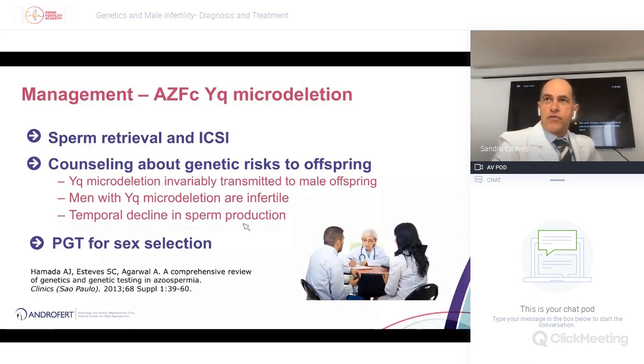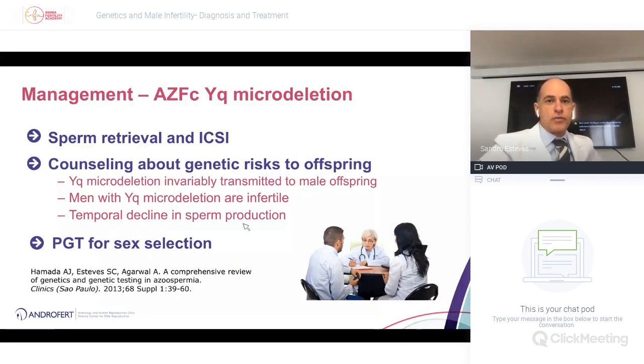If you find a patient like that, and you discover the AZFc Y chromosome microdeletion, you should start sperm freezing immediately to bank sperm, because a few years later this patient may not have any sperm left for cryopreservation, and then you will need to rely on sperm retrieval. To avoid that, there's the possibility of doing sperm freezing.